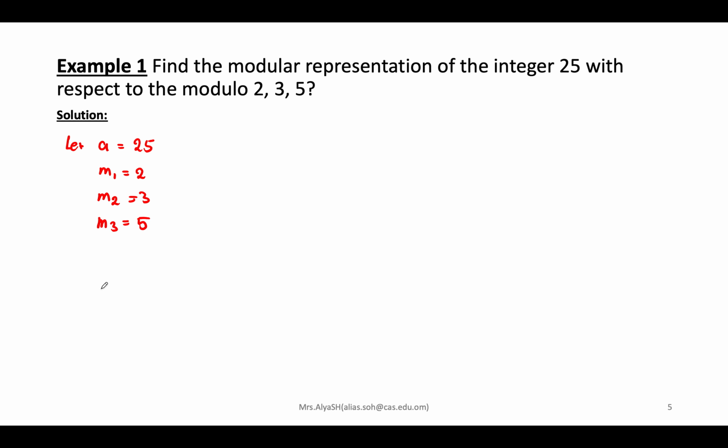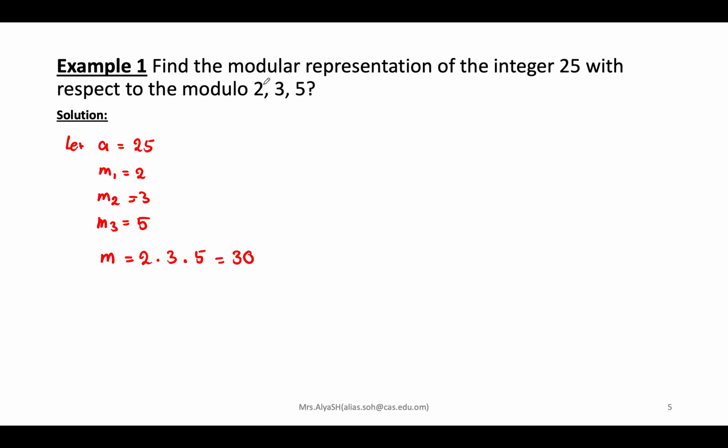Then we can say that m is equal to 2 times 3 times 5, which is equal to 30. All of this information is mentioned in my question here.